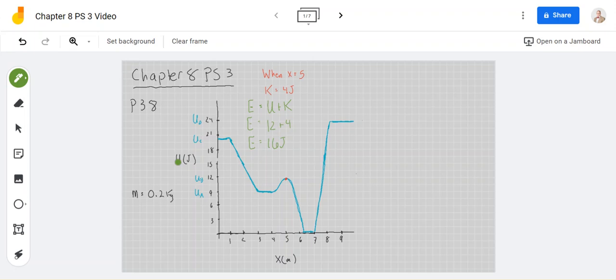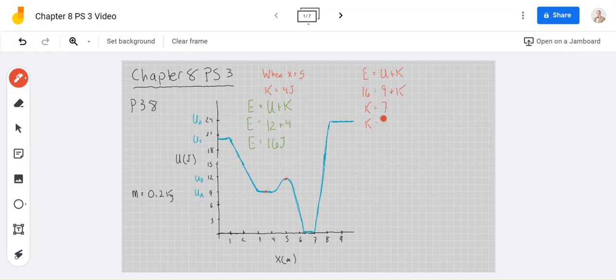So now it wants to know, what is the speed when the particle is at 3.5? All right, so let's look at 3.5 over here. We're at this point right here. I'm going to look over and see that my potential energy is 9. So if we start from our general principle, that the total energy is equal to U plus K, and we know the total energy is 16, and U is 9, we can see that the kinetic energy is equal to 7.